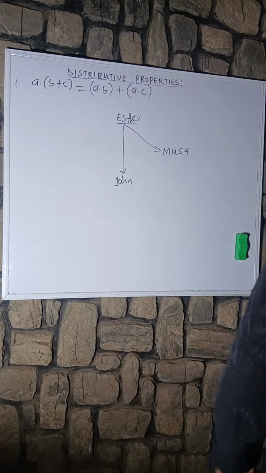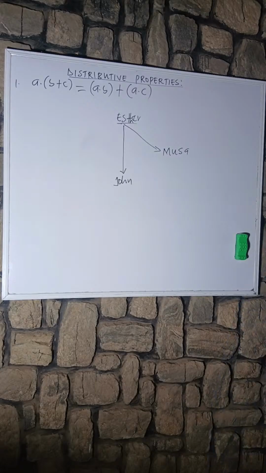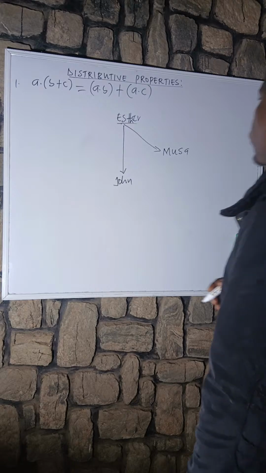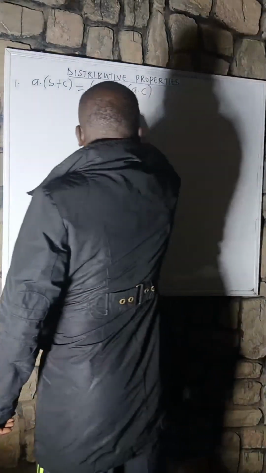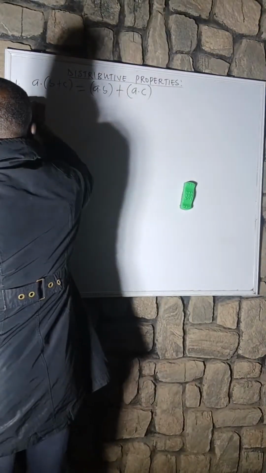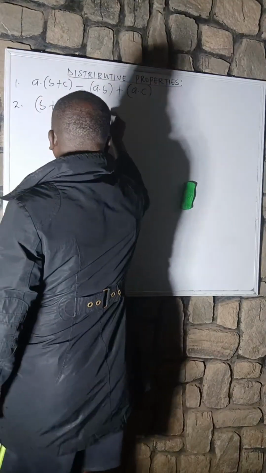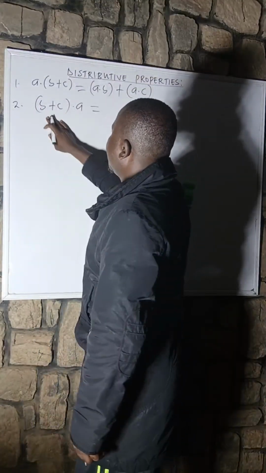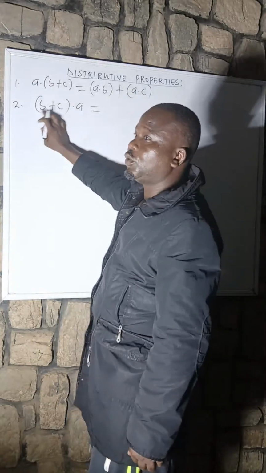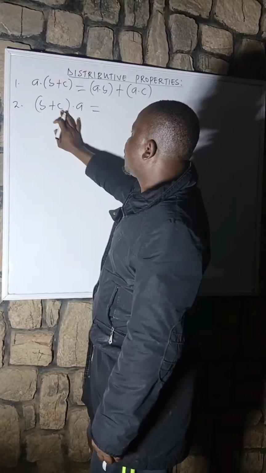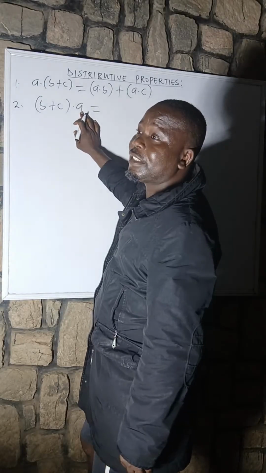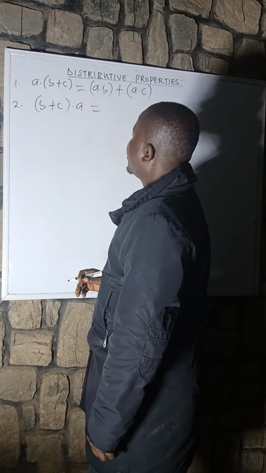Then another one is, if we have B plus C dot A. Can you see now? Here we have two elements, and these two elements want to share one property.